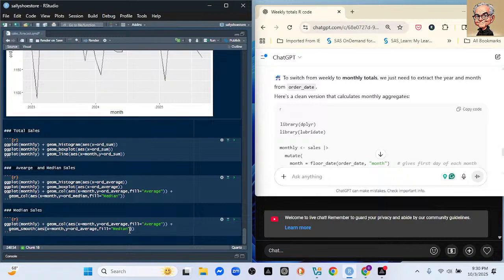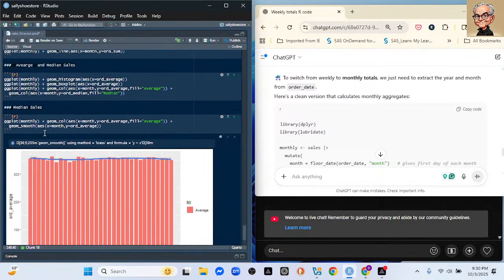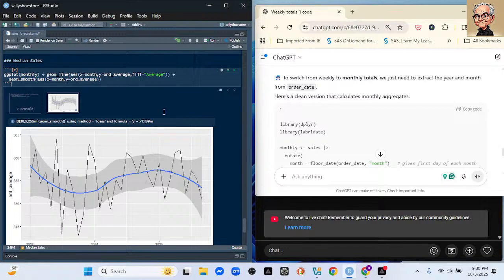Average. Let's do a method equal. Let's do linear regression.